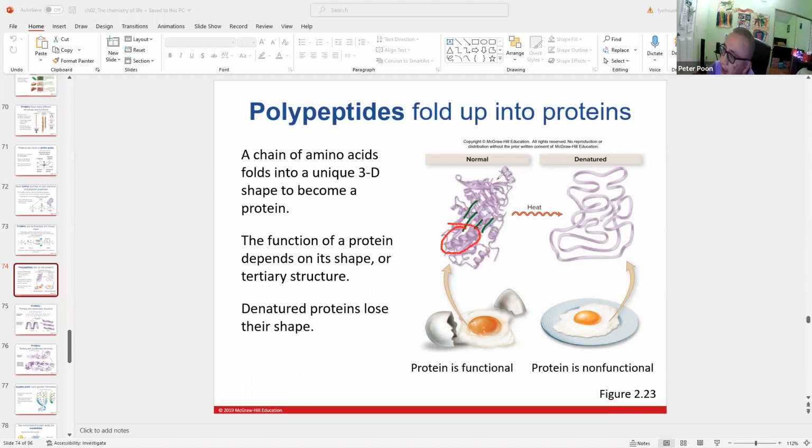You see one there, you see one there. If I take this structure and I heat it up and mess it up, it changes the conformation from clear gluey stuff to white, not so gluey, hard stuff. And so it no longer works.